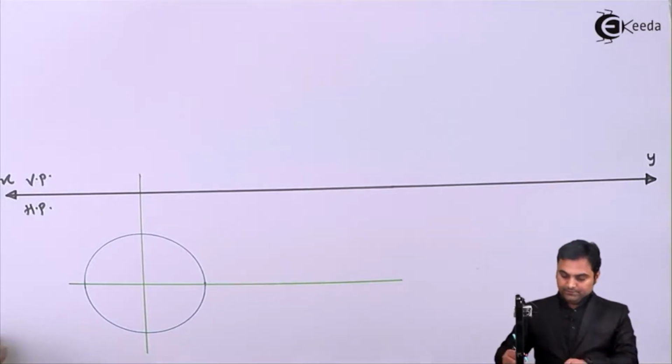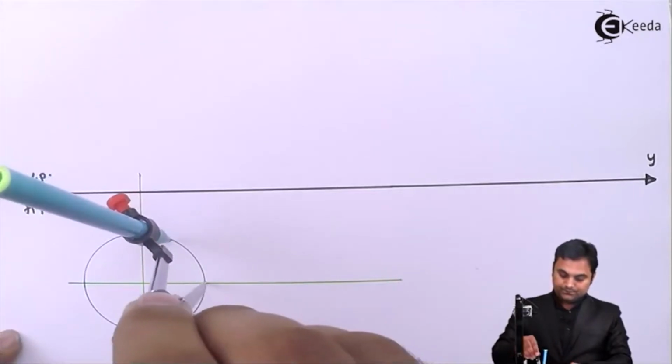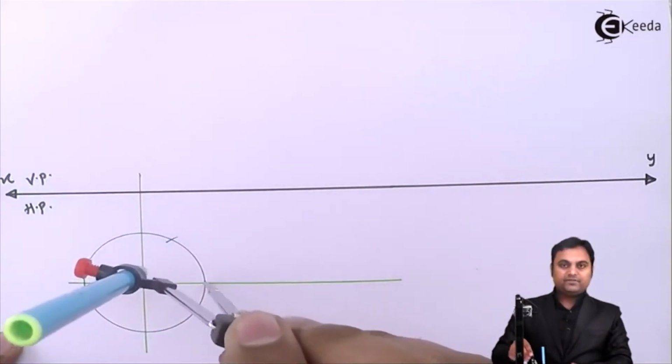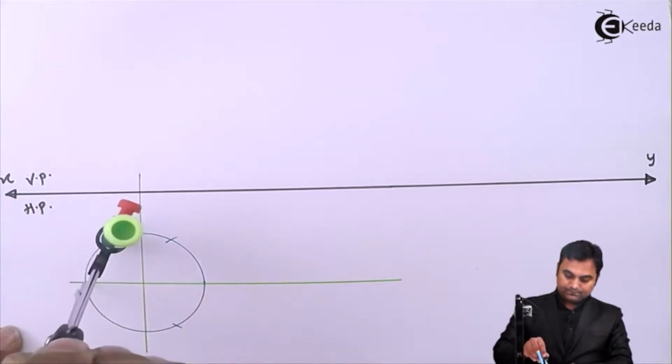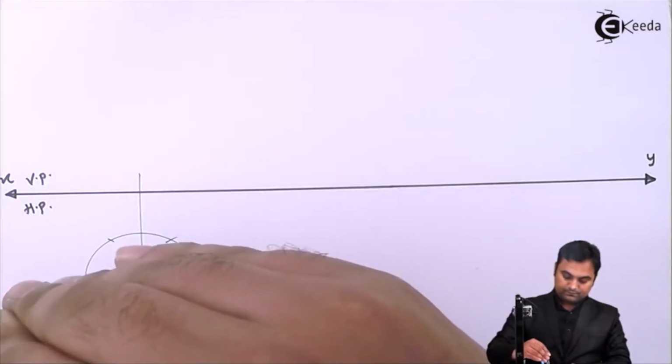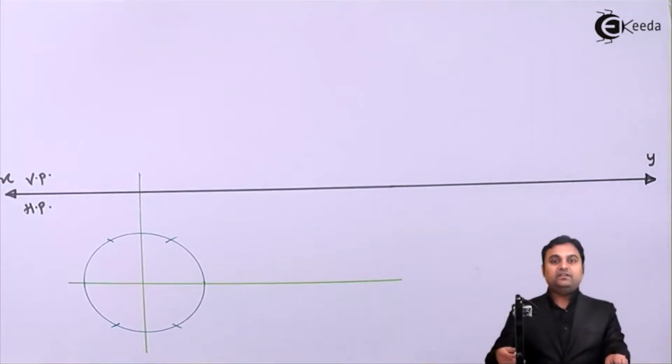Next, I'll draw the base edges, keeping the same radius. Joining these points with the help of light lines.